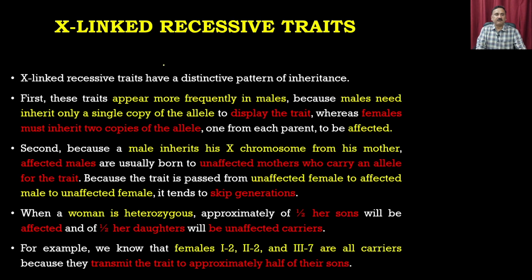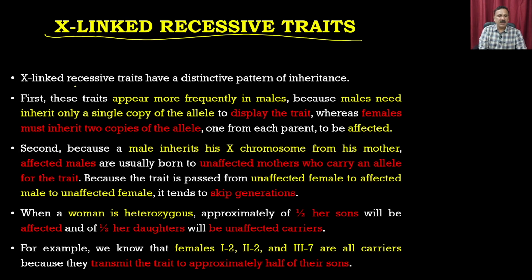So let's talk about genetic disorders. We have two different types of genetic disorders: those where a particular chromosome is altered, and those which follow Mendelian inheritance. So the first is X-linked recessive traits.